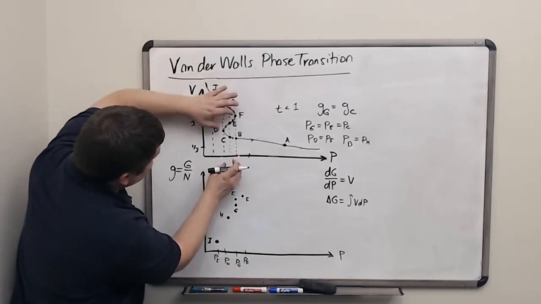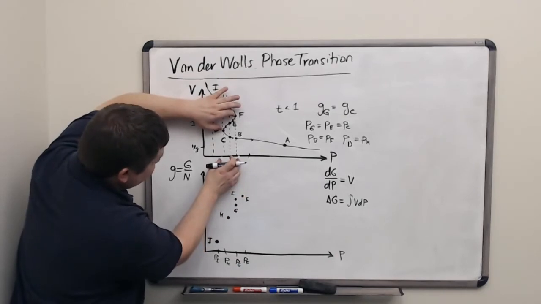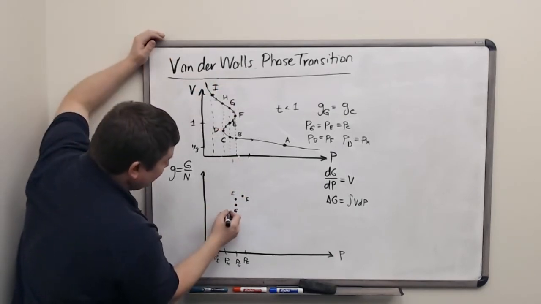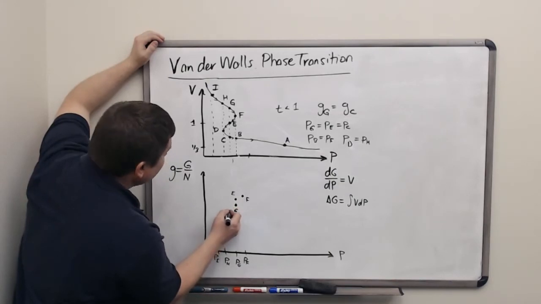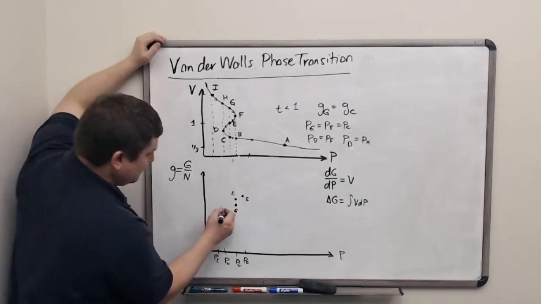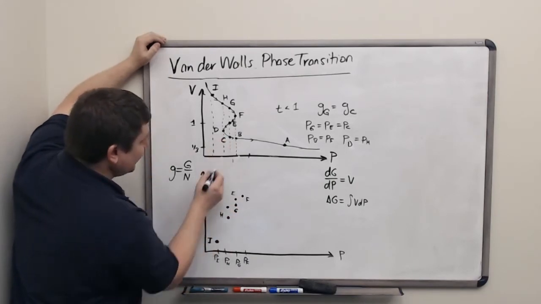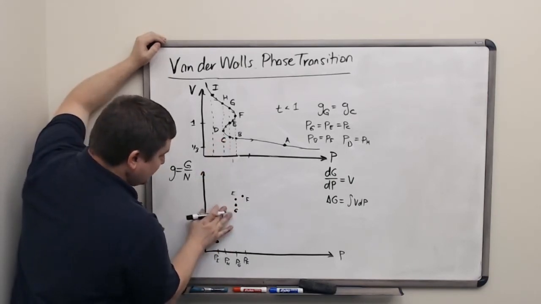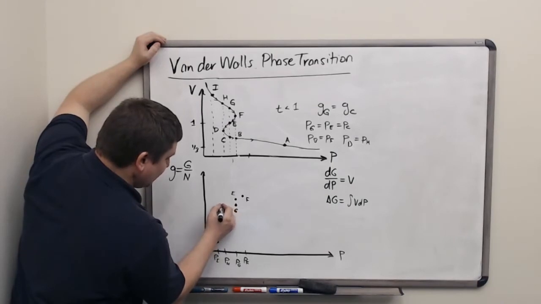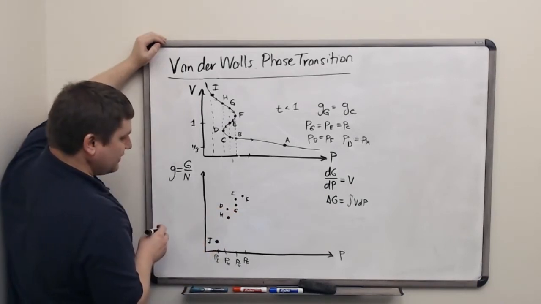Then from F to D, we have this area here, so that's less. So D is still above location H somewhat. And since from D to C we're going to increase Gibbs energy, D is below location G as well.